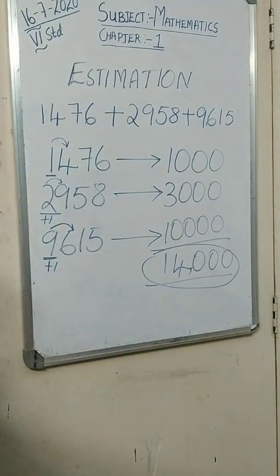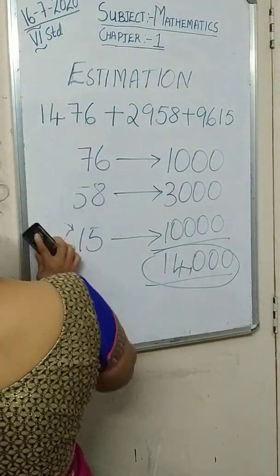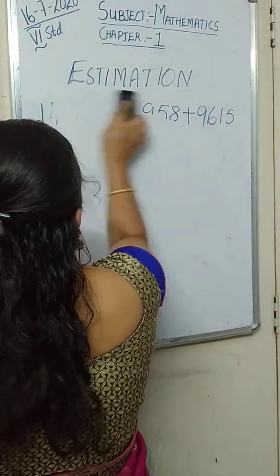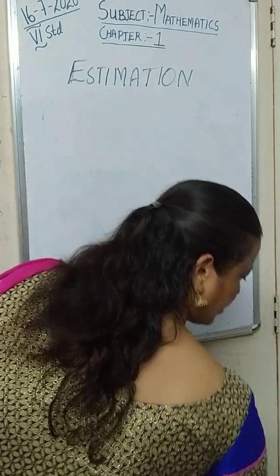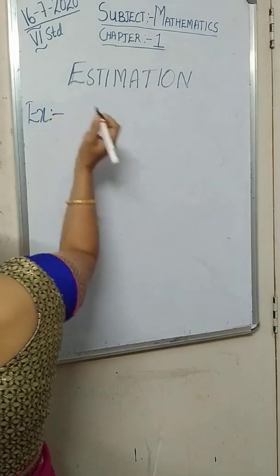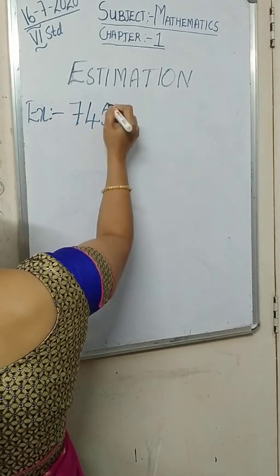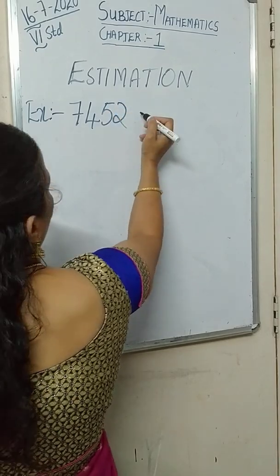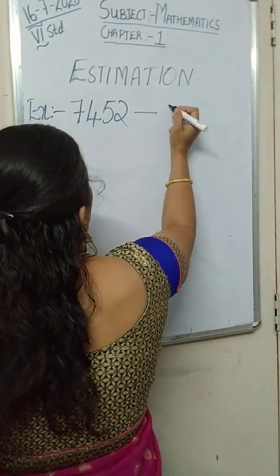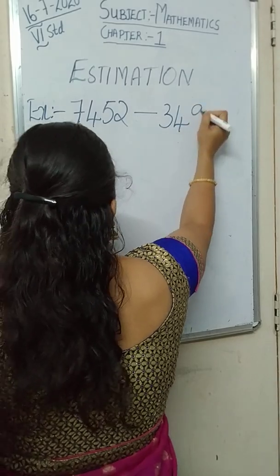Yes, did you understand? Now look, we'll see the example of subtraction. Look here, example: 7452 is to be subtracted with 349.